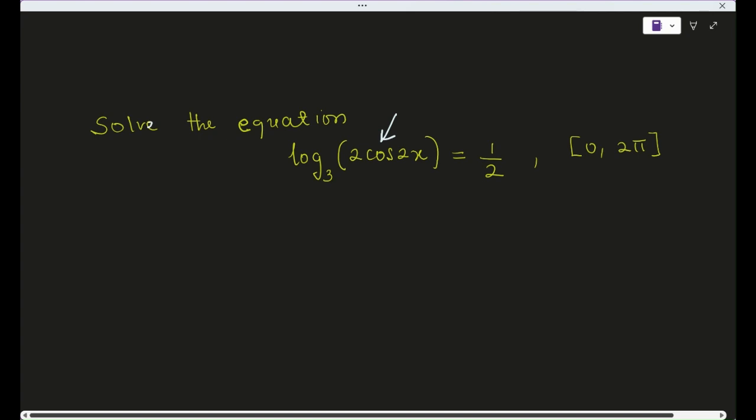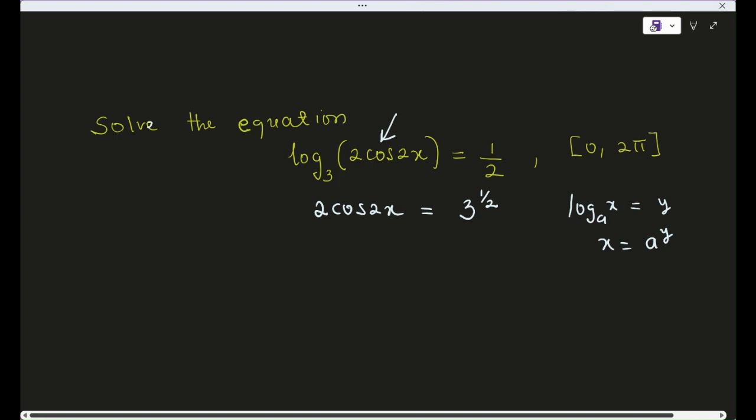All right, so let's start by changing this logarithmic equation to an exponential equation. So 2 cosine of 2x is going to be 3 raised to the power half. And remember, if we have log to base a of x equals y, it means that x equals a to the power y.